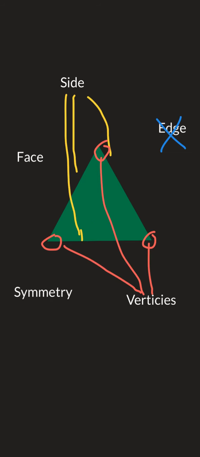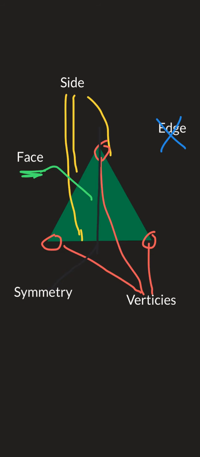So I could draw my line of symmetry and then do a line to my word that says symmetry. Then finally, I need to look at the face. Now the face in a 2D shape is the shape itself, so there's its face. Okay, so I've labelled my triangle with each of those words.